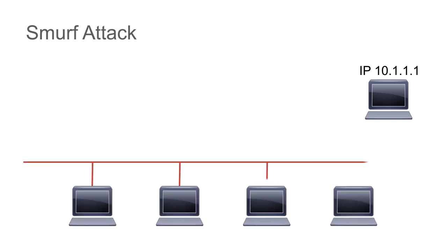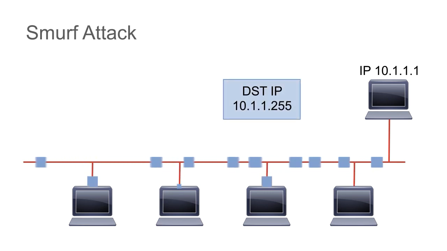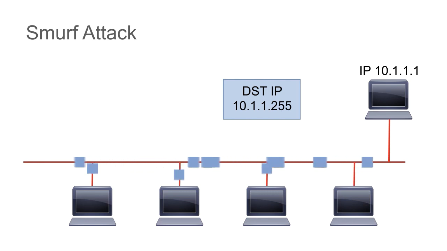So we have a device on the network that's just minding his own business, and his address is 10.1.1.1. And then we have multiple devices on the network that are going to send out this Smurf attack. And so what they're doing is they're going to send a directed broadcast. They're going to send a message with the destination IP address of 10.1.1.255.